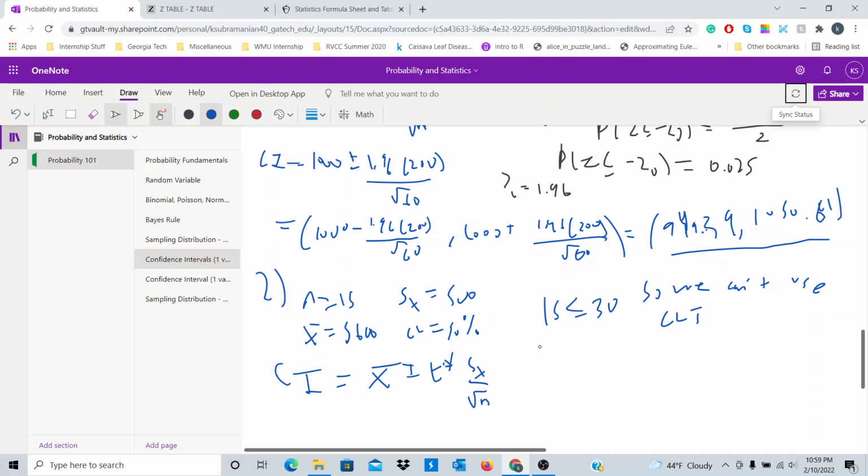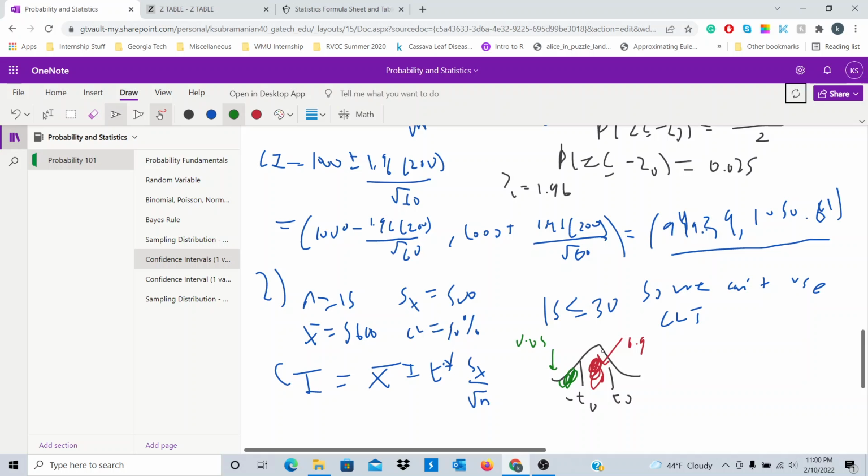So what do we know about the t distribution? We know that the confidence level is 90%. So what that means is the area between this negative t naught and t naught is going to be 0.9. So I want to find the t naught such that this area in green is going to be 0.05.